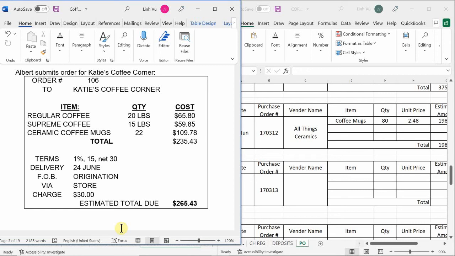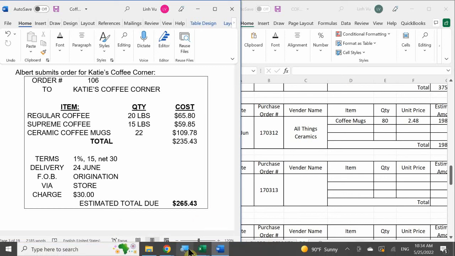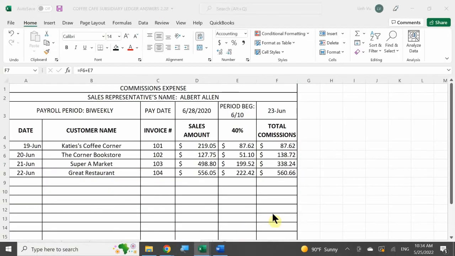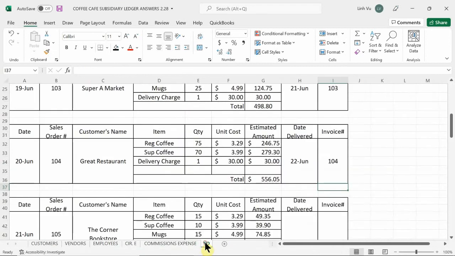Katie is our customer and we are ordering for Katie to be delivered on June 24th. So in this case, this is a sales order. So go to your subsidiary ledger and plug into her subsidiary ledger for this one.